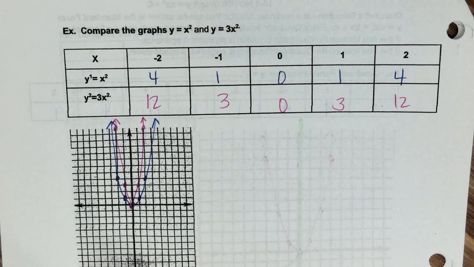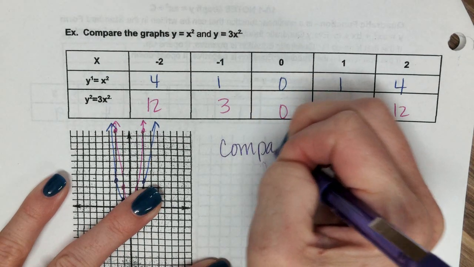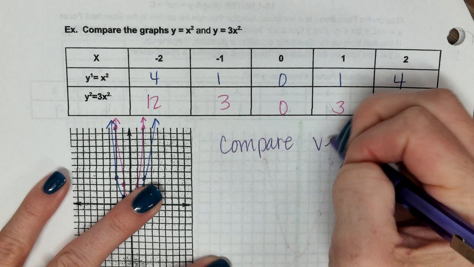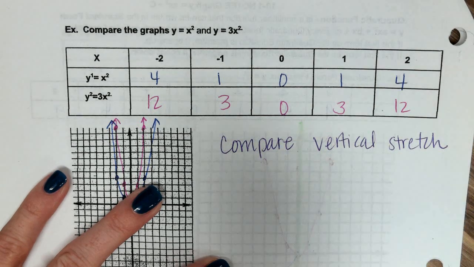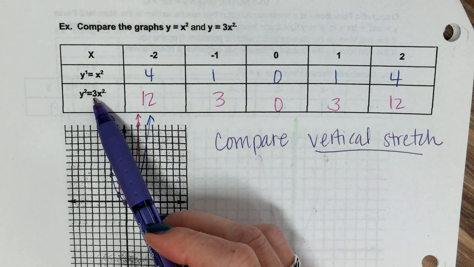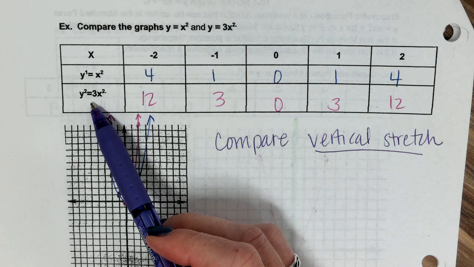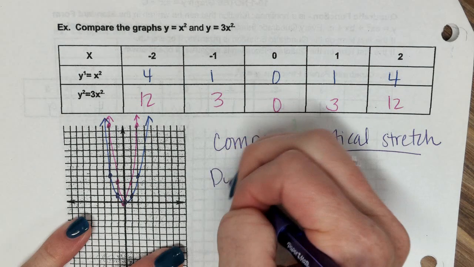A vertical stretch. So to compare this, you would say they took the parent function and they performed a vertical stretch. So if you multiply by a number greater than 1, it is a vertical stretch, just like on exponential functions, okay?